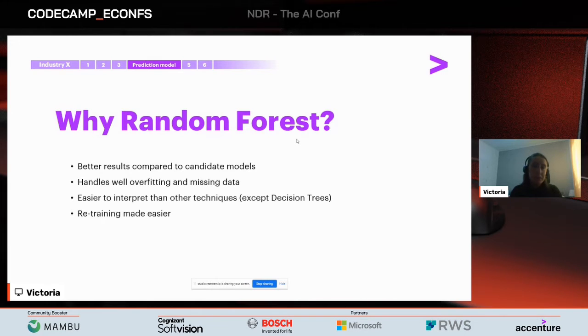So we did much better on the test set than on the validation set. These problems weren't reproduced on the random forest. It also handles missing data well. It's also easy to explain, and it's very easily adjusted for retraining.